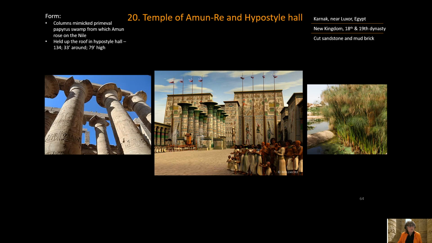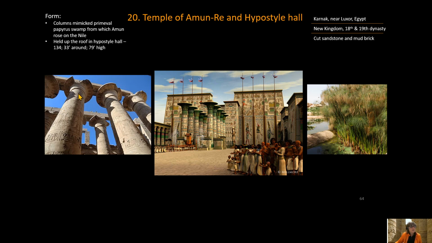A lot of form, so here's more. There are columns used in the Temple of Amun-Re, lots of them. These 134 columns are used to hold up the roof, and that's where we get the term hypostyle hall. It's literally columns holding up a roof.